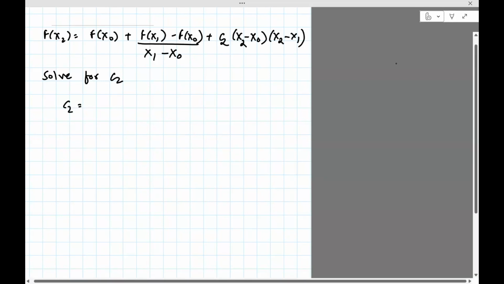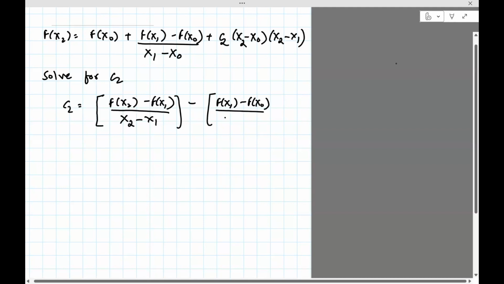I'll just write the answer I got. C2 can be rewritten by moving things around, a little bit of work, but it comes out to be something like this: minus x1, the whole thing divided by.